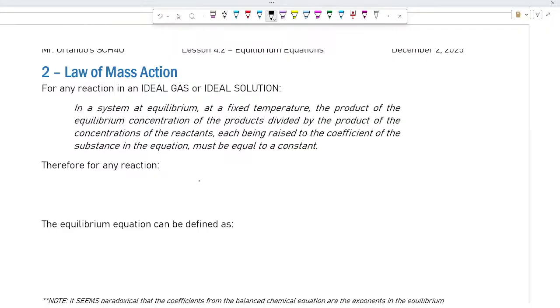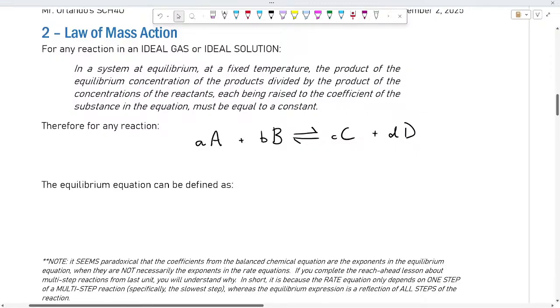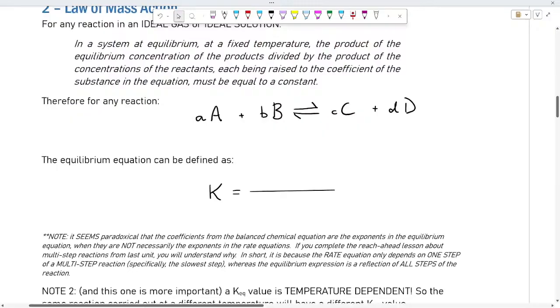We just say this. If we had A plus B reacting to form C and D, and I've put little coefficients in front because we want to show that actually it doesn't have to be a coefficient of 1. We would define the equilibrium constant K as, by convention, which one do we put on top? Products. Yeah, we do products on the top.